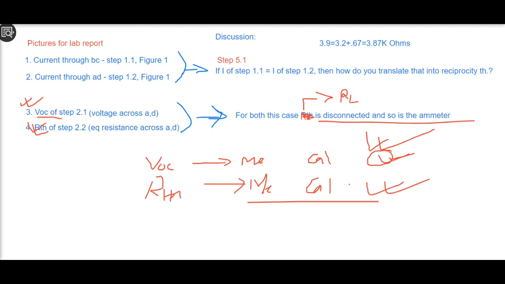I'm going to conduct this portion of today's lab in a separate section, but don't worry about it. Just concentrate on the first two steps, which are Thevenin's theorem and the reciprocity theorem. That would be all for today's lab. Thank you, everyone.